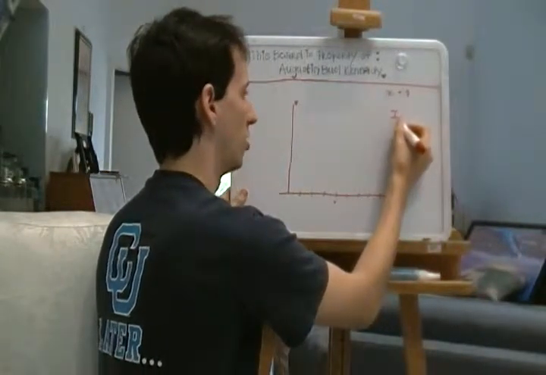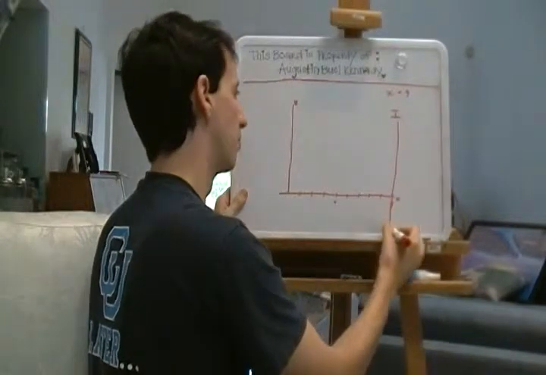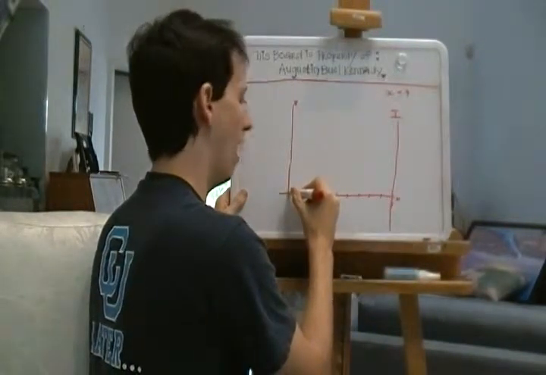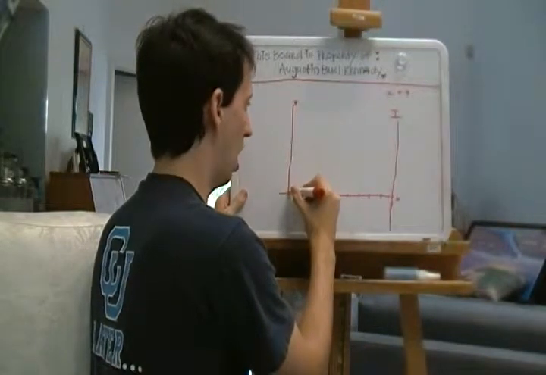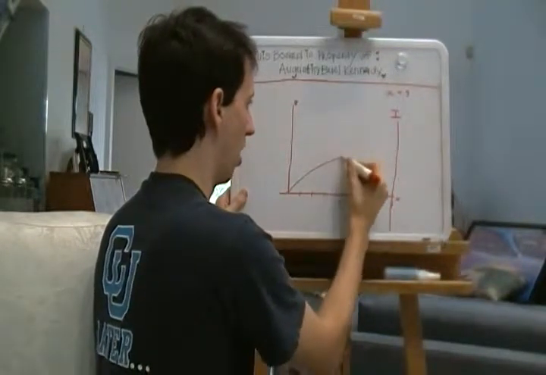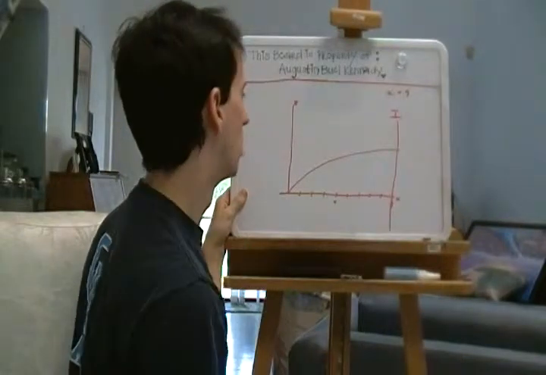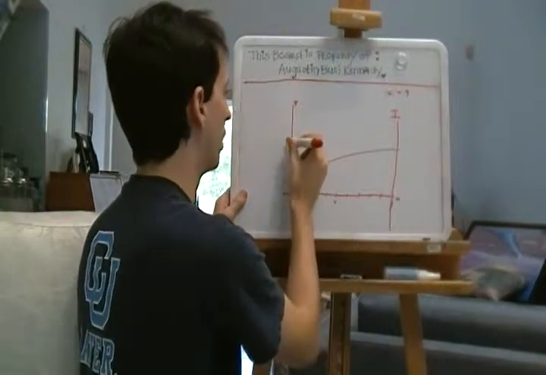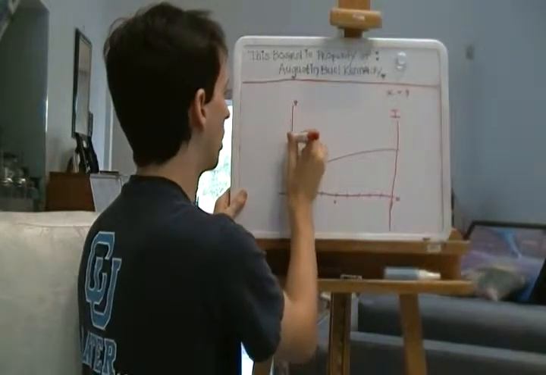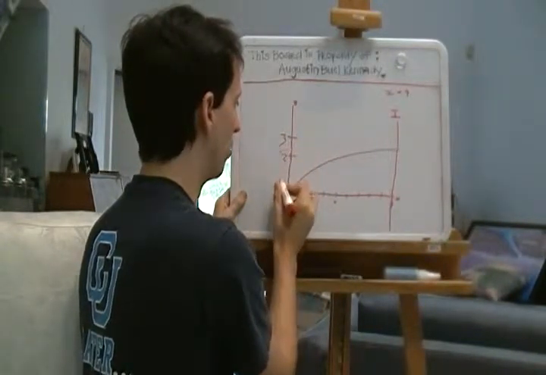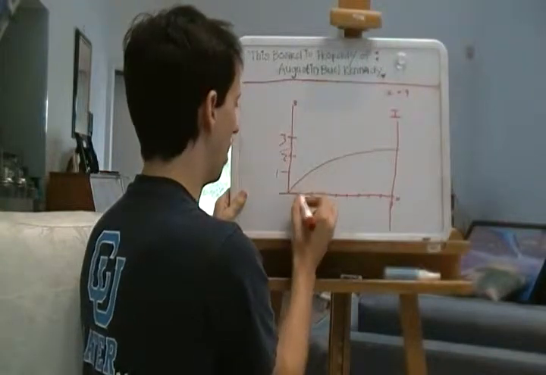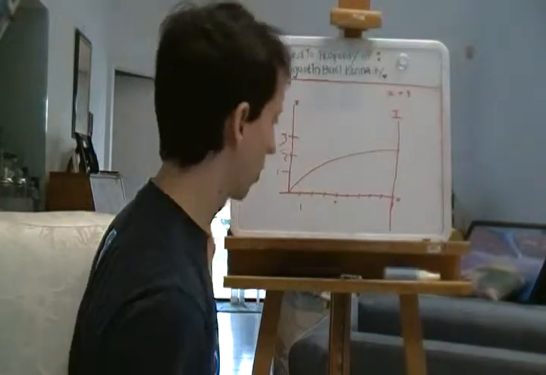So x equals 9. Square root of x is going to look kind of like that, and at 9 it would be 3. I guess that's 3, that's 2, that's 1.